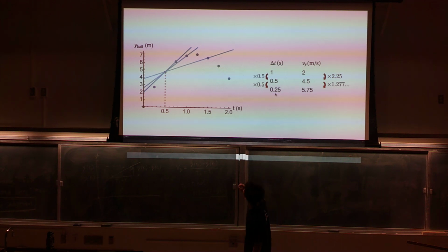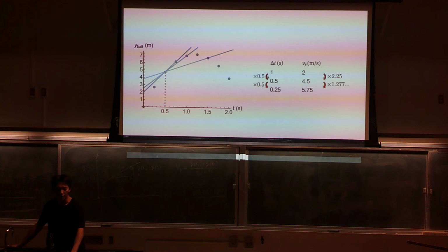I show it by taking delta t to be 1, and then half of that, and half of that. And after I calculate the y velocity, you see the y velocity change by twice, by 1.